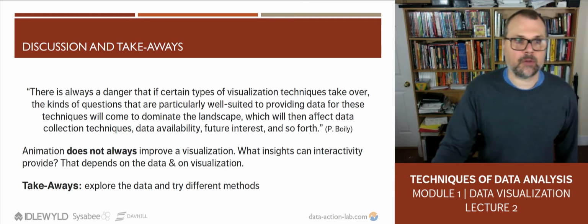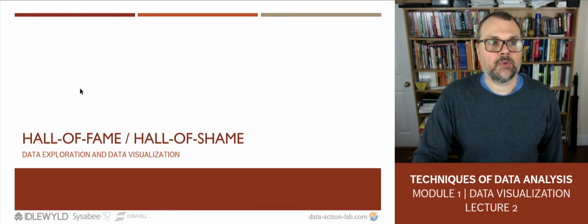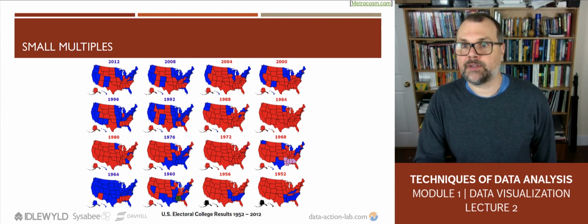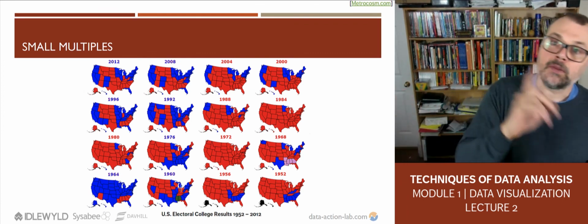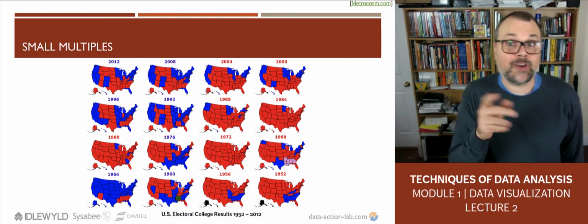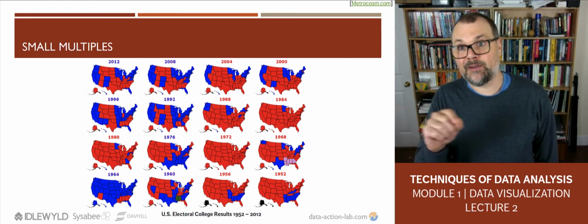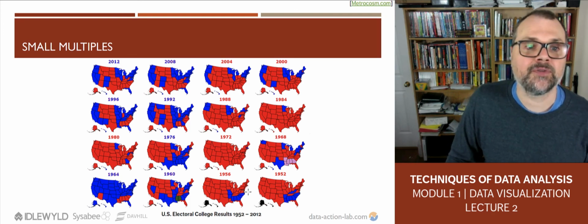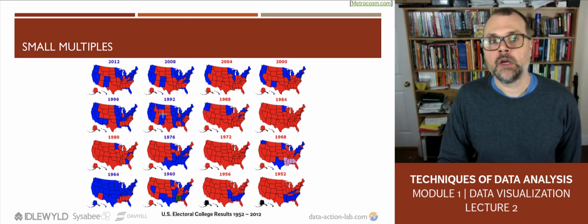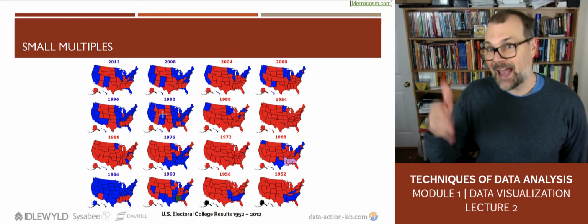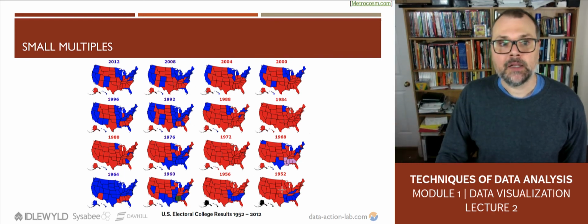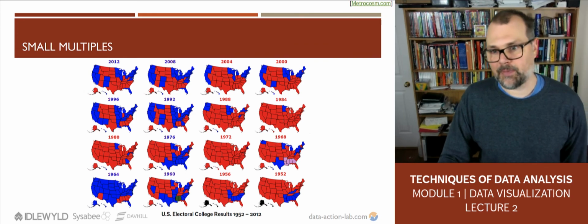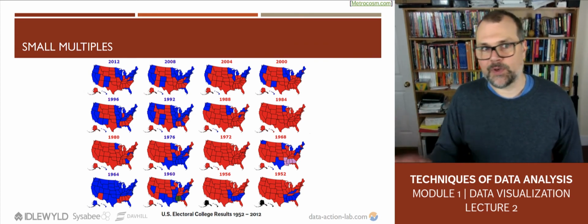Rather than having a small multiple, you might decide that you want to make a movie of these and just see them pass over time. The problem with this is that you can't control necessarily the rate of animation. Or you might want to be able to compare 1952 directly with 1992. And if it's part of a static animation, a movie that's been made, you have to wait until all the years pass until you pause and you can get back, and well, that's not always going to be useful.